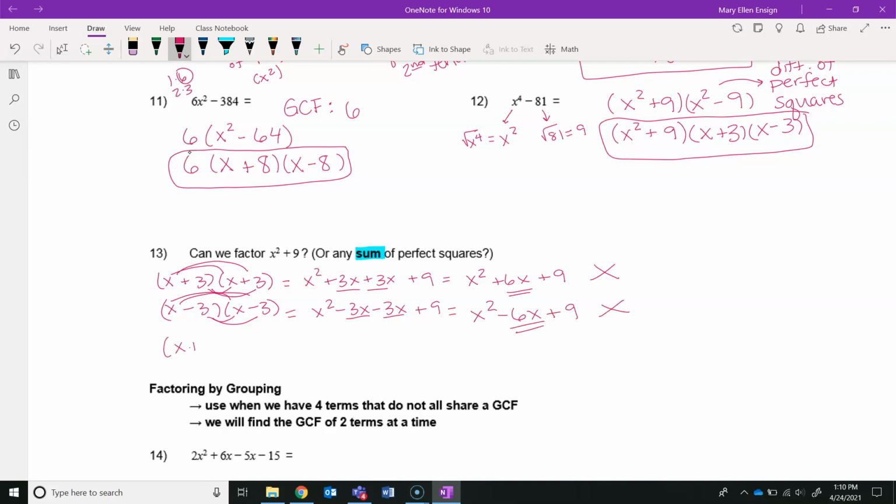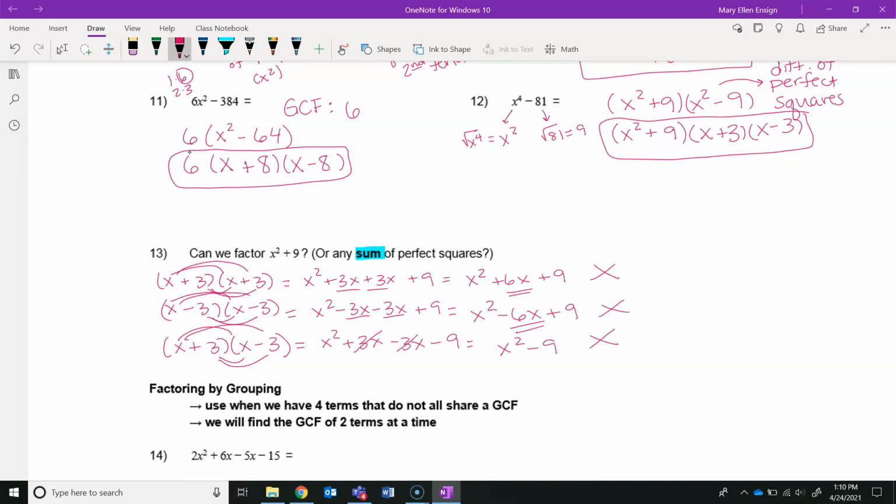And then what if I try one of each? Well, then I get my x squared. I get 2 terms that are going to cancel out, but I have a minus 9 instead of a plus 9. So that can't work, right?